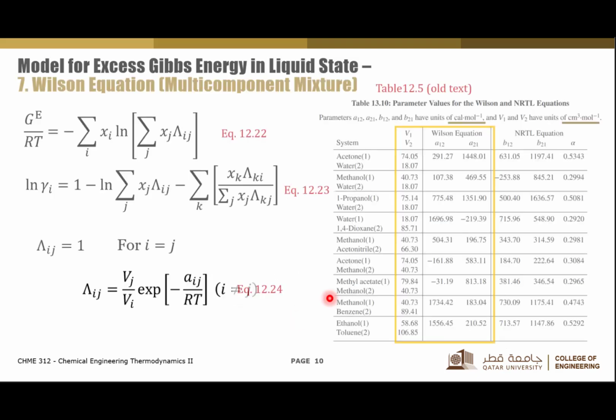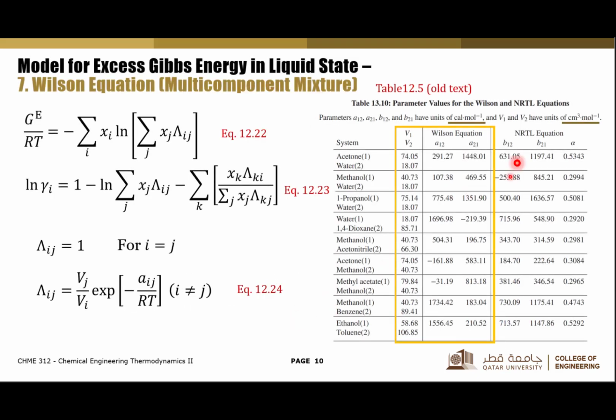So here we have the multi-component system, and we have that table that I'm talking about. So let's talk about the table first. So in this table, we have different systems. So here we have acetone with water, methanol with water, and so on. So binary systems. And in those systems, what we have is the molar volume, so V1 and V2.